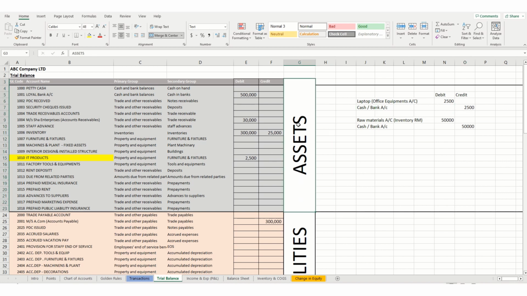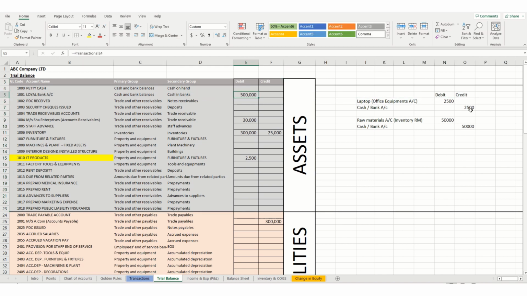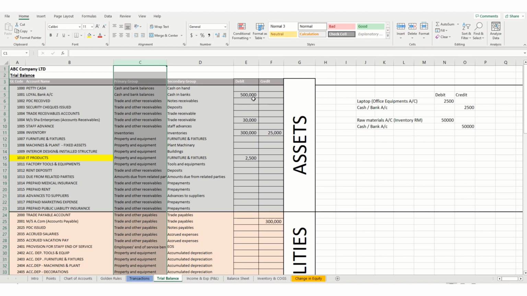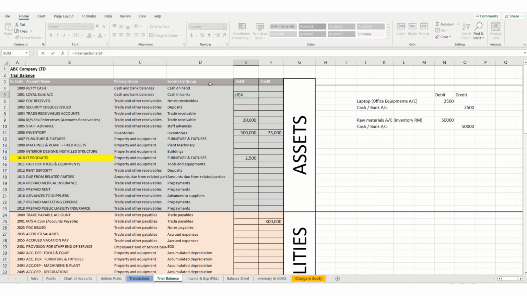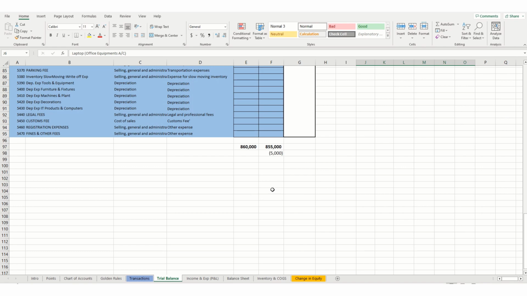Again it is on the asset side, so this will be the bank account. So I'm going to add this 2500 into the balance. That's it. The first entry is already posted into the trial balance and it is reflecting.